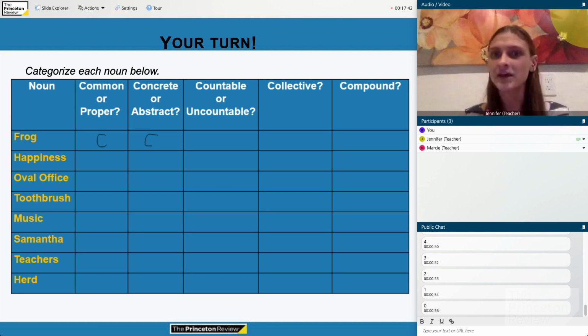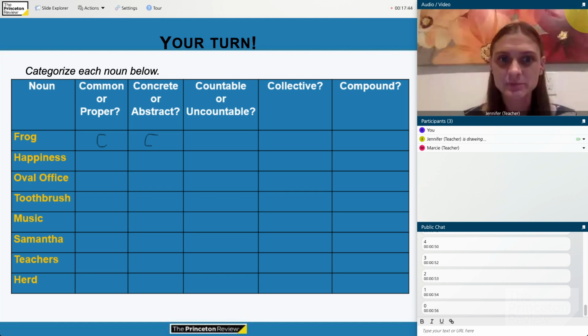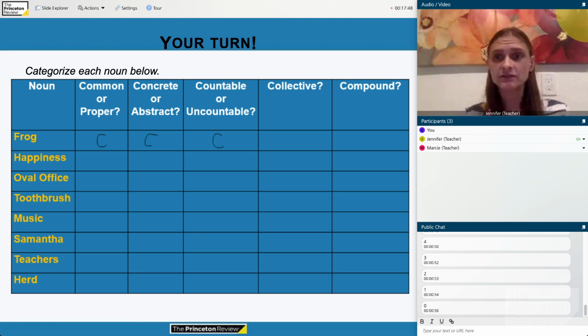Yes, you can, so it's also countable. Is it collective? No, it's not referring to a group of anything, so you can just write nope. Compound? Well, it's only one word, so no, it's not compound.